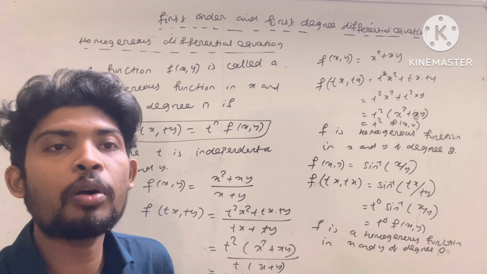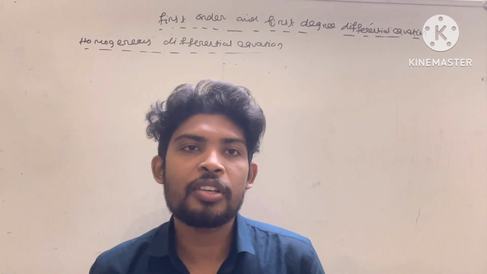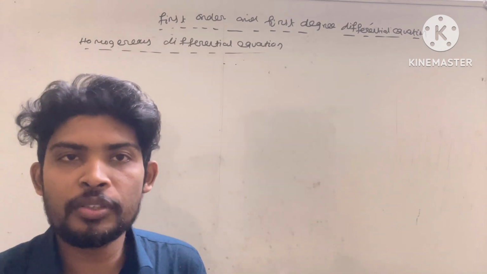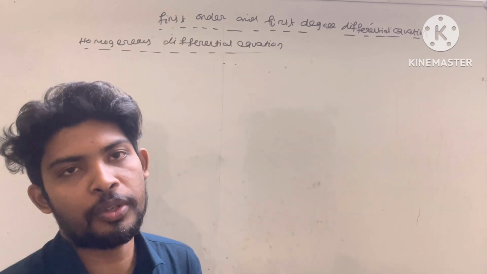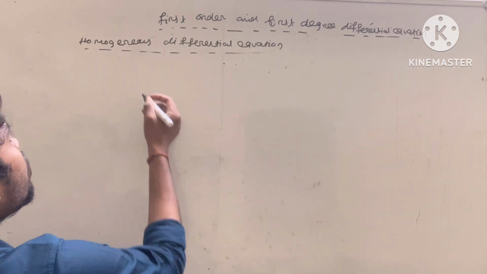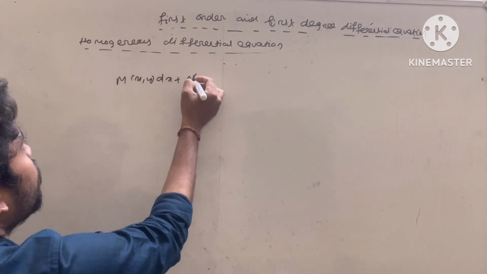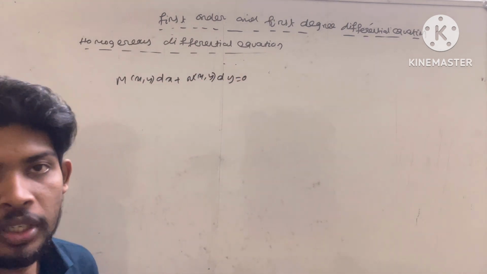We have seen the homogeneous function. Now we have to see the homogeneous differential equation. Let us discuss the definition of a homogeneous differential equation. Consider this differential equation: M(x,y) dx plus N(x,y) dy.